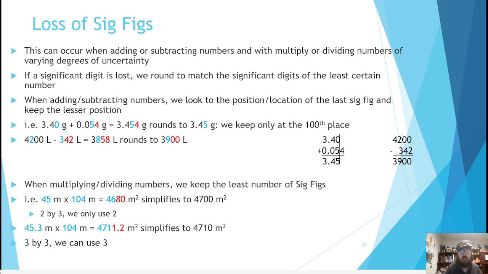And because we don't know what that other place is, it could be higher and it could be lower. And so we cannot report that anymore, because we don't know it anymore. And so all we can do is round that away. So we report only what we know.